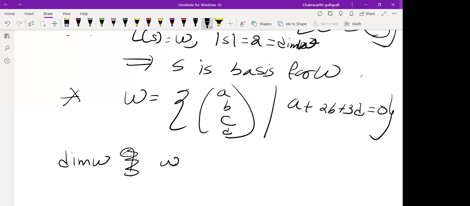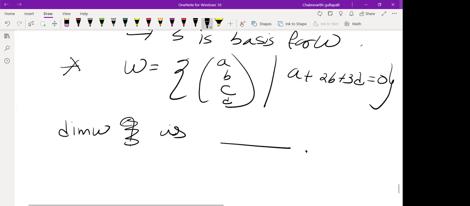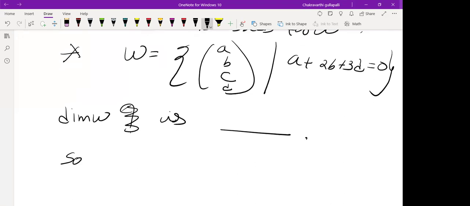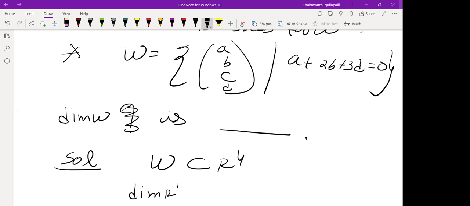Dimension of W is 3. How do we say it is 3? As we discussed the other day, W is a subset of R4 space. 4 constants. What is the dimension of R4 space? Dimension of R4 is 4. How many conditions are given?